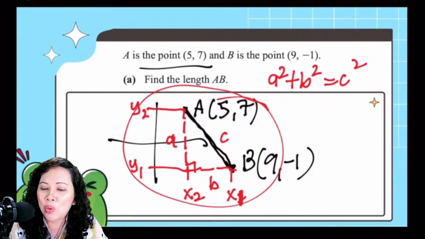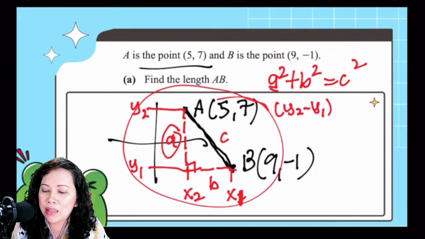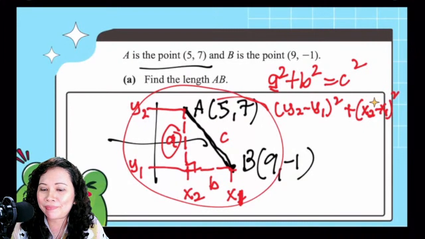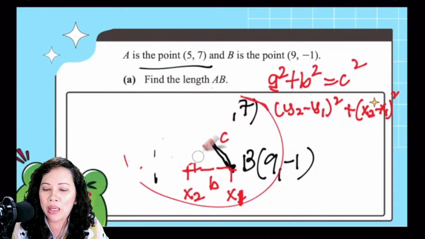Okay, so since you have your a as y2 minus y1, we will change a here to y2 minus y1 squared, plus b, which is x2 minus x1 squared, equals the distance c squared. So that is the logic or the explanation behind y2, y1, and so on.